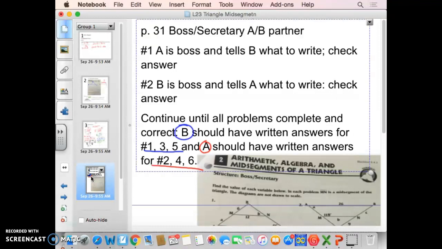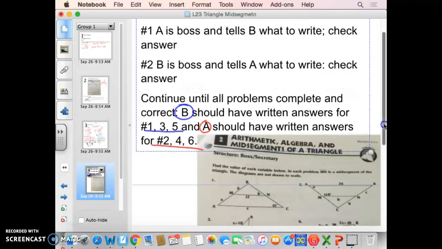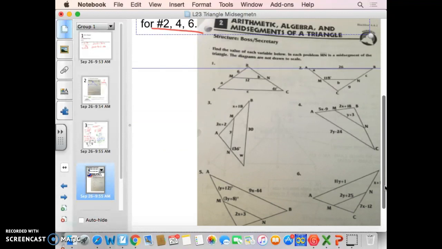All right, so I'm going to do a problem to show you how to work this out. For example, in question number 1, it says find the value of each variable below. In each problem, MN is a midsegment of the triangle. The diagrams are not drawn to scale. If I'm looking at this picture, I know that this side here is going to be 6 because those two sides are congruent to each other.